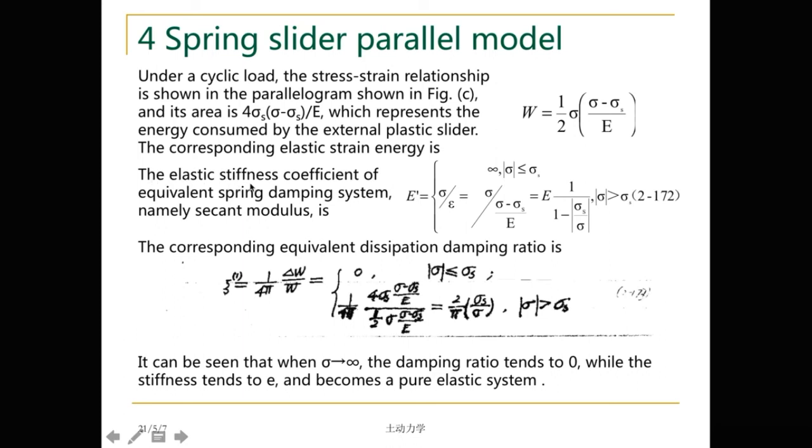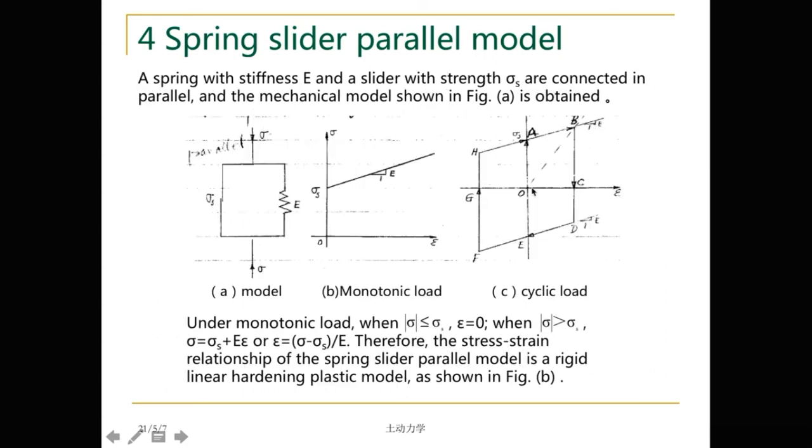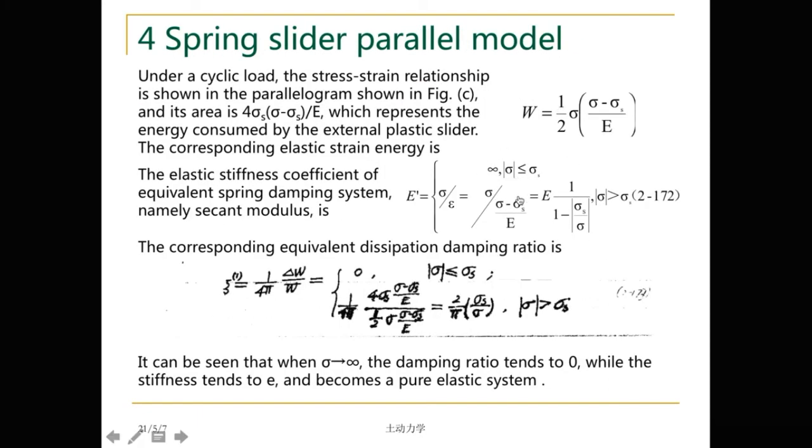The elastic stiffness coefficient of the equivalent spring damping system, namely the secant modulus, is given as this. When the load is less than the strength of the slider, it is the vertical line, OA, OE, and the slope of it is infinite.